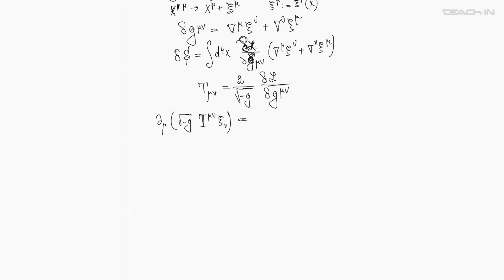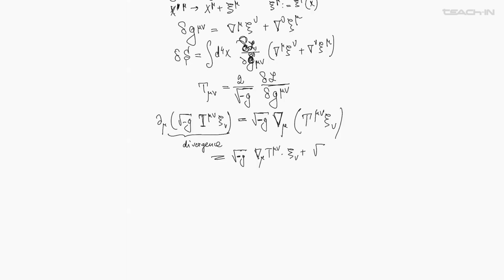Then this divergence can be written with the help of the covariant derivative ∇_μ applied to T^{μν} ψ_ν, like this. And now you can open these brackets and write this: minus square root of g ∂_μ T^{μν} multiplied by ψ_ν plus square root of minus g T^{μν} ∇_μ ψ_ν, like this.